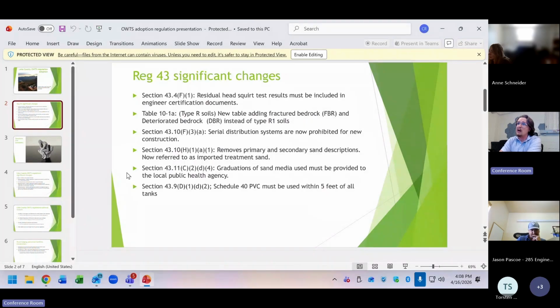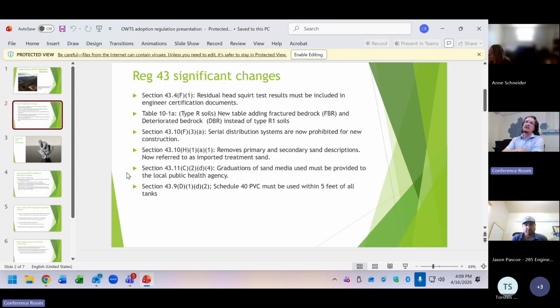The state is now requiring that graduations of the sand media used need to be provided to the local public health agencies. This is coming in the form of the engineer reports prior to getting the permitting done. Really not that big of a change, just some changes to how engineer reports are being done and how the inspections prior to backfill are getting done.